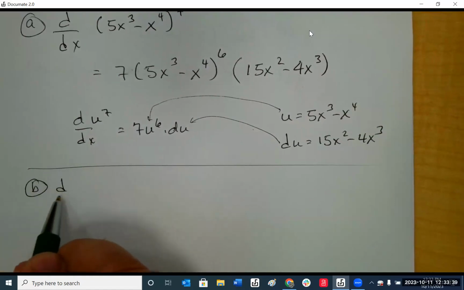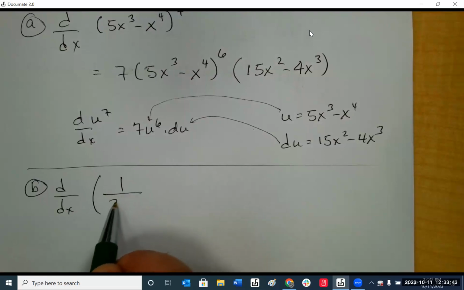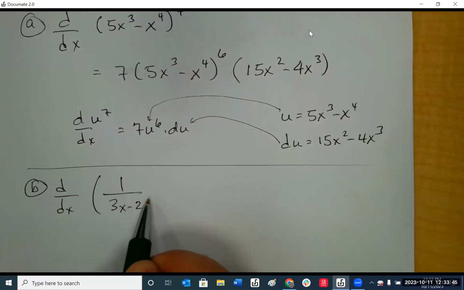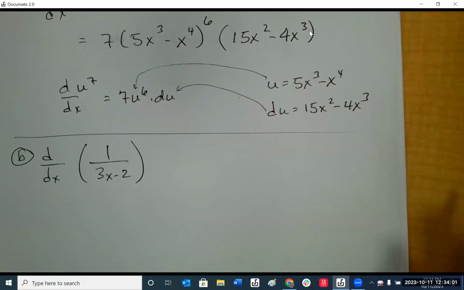B, the derivative of 1 over 3x minus 2. Now, again, how does this relate to what we're trying to do here?